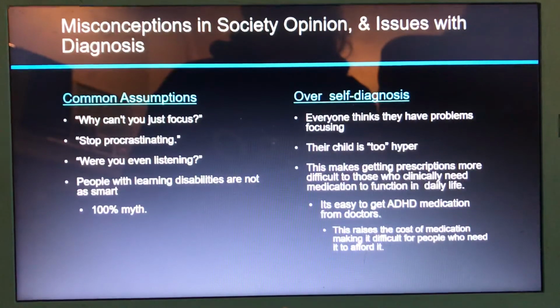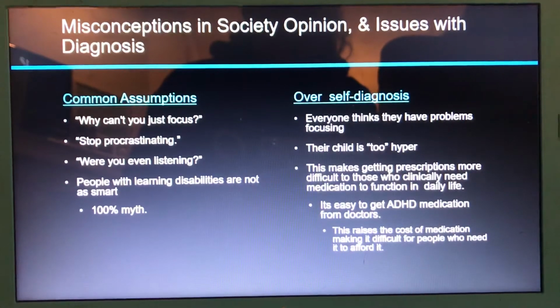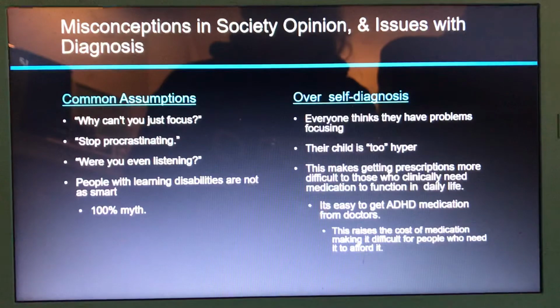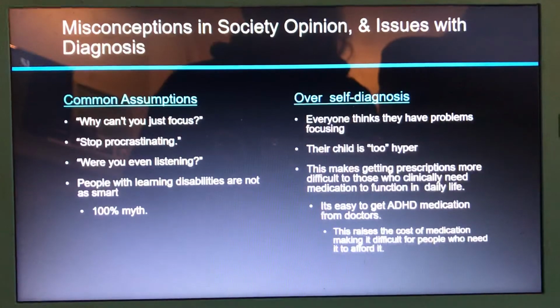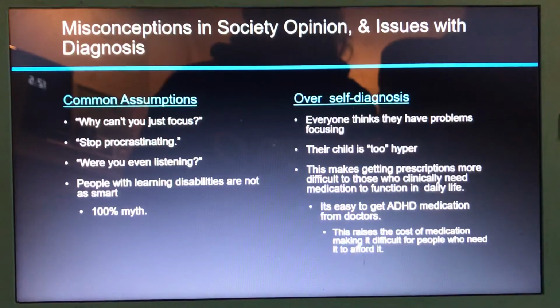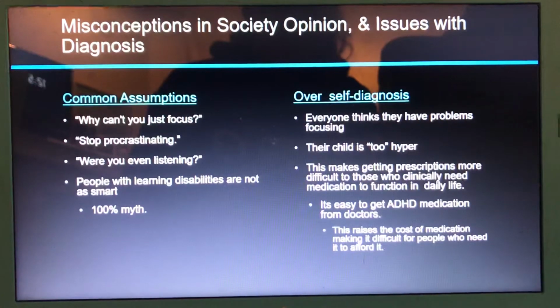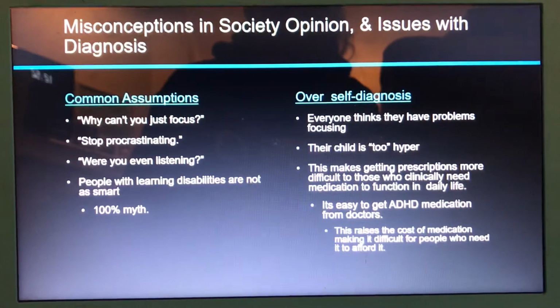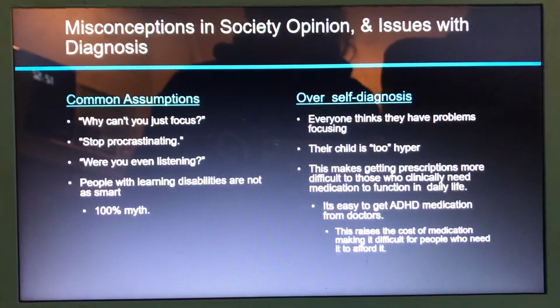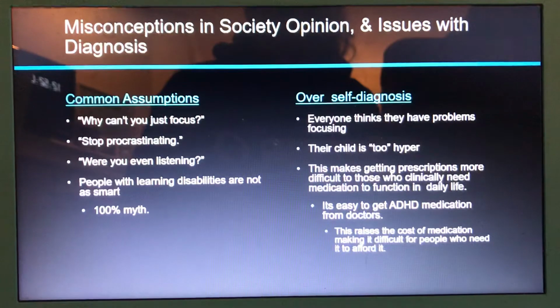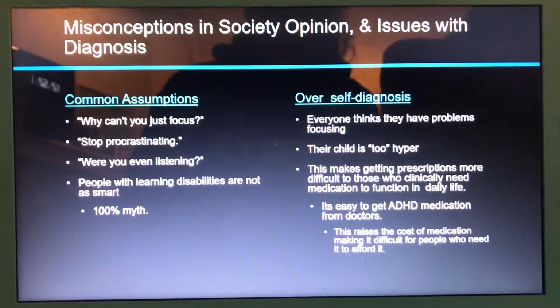And when you're in a conversation with somebody who has ADHD, it's very common to hear other people talking about that they have it too, just because they think they have one thing that they struggle with, which may be time management or whatever. But going back to one of the previous slides, there's multiple different behavioral characteristics that are required to meet the criteria of officially being diagnosed with it.